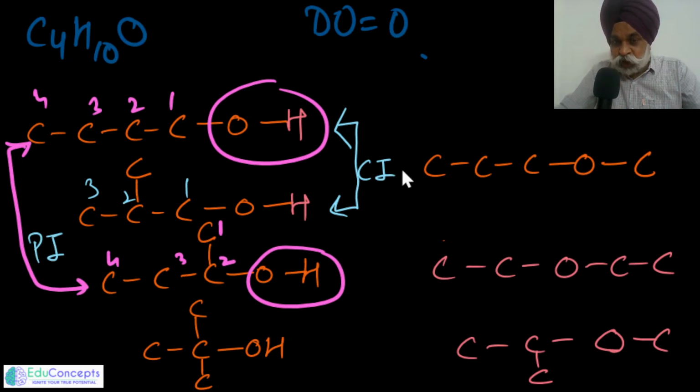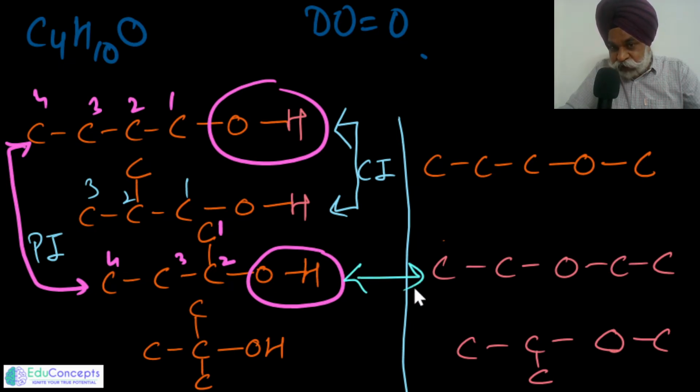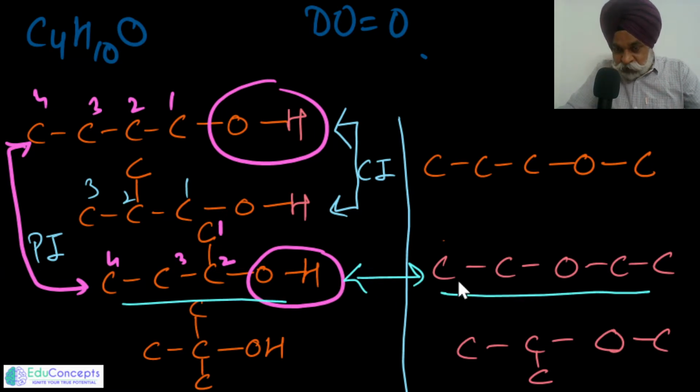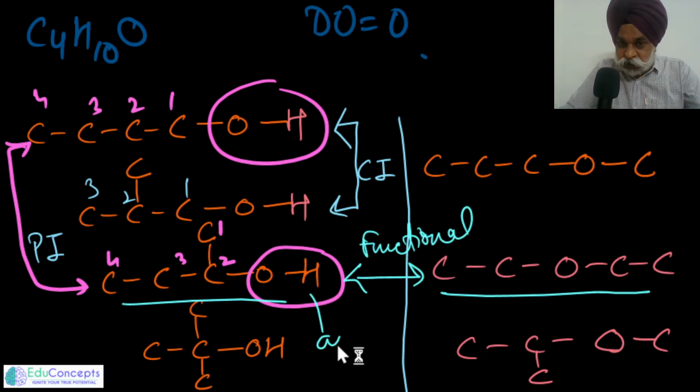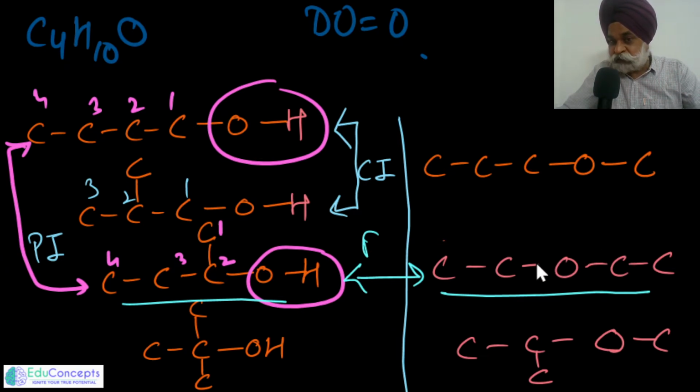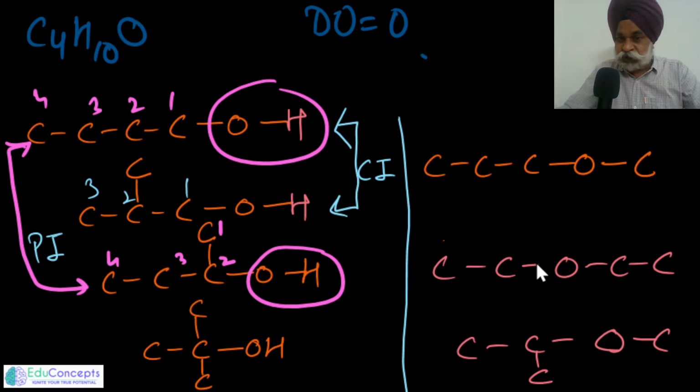When you talk about these 2, it is very important to understand fundamentally why we are classifying all these into different categories. If I take this isomer with respect to this isomer, these are functional isomers. Why? Because on the left side you have an alcohol, and on the right side you have an ether. So they are classified under functional isomers.